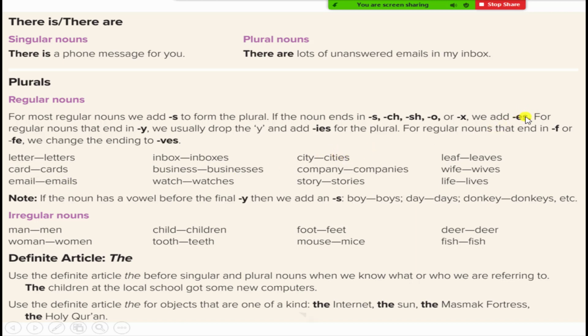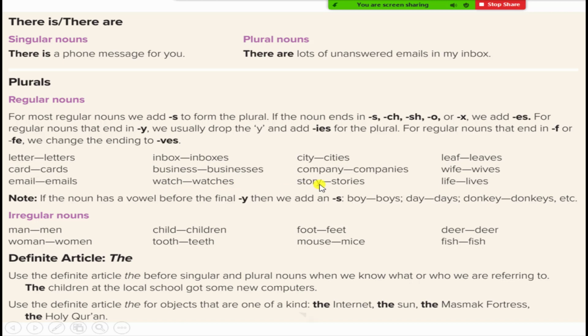We add es if the noun ends with s, ch, sh, o, or x. For example, box, boxes, business, businesses, watch, watches.